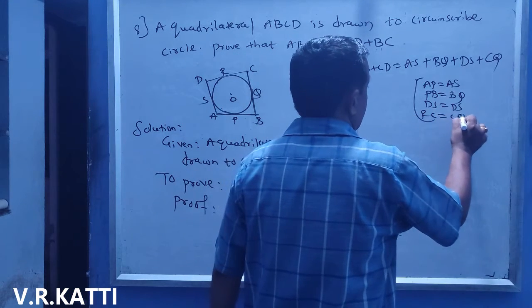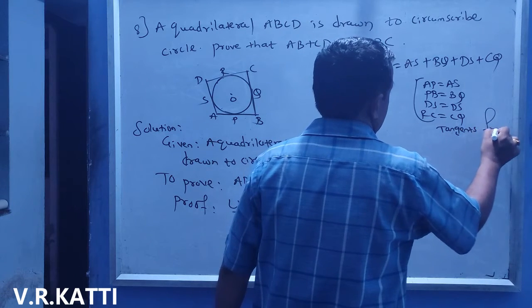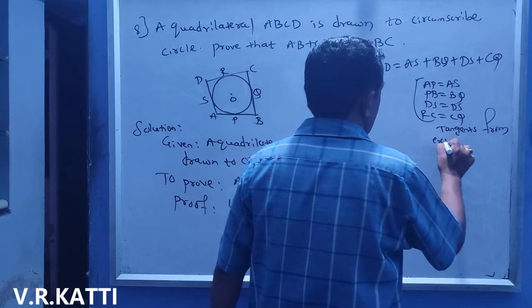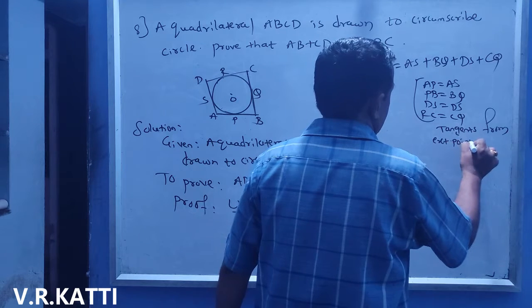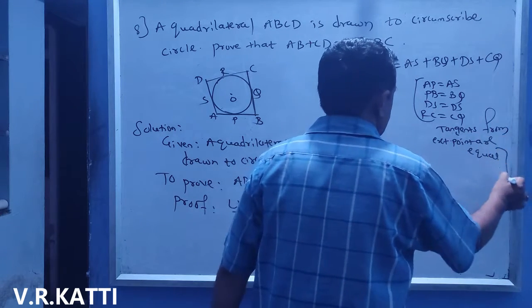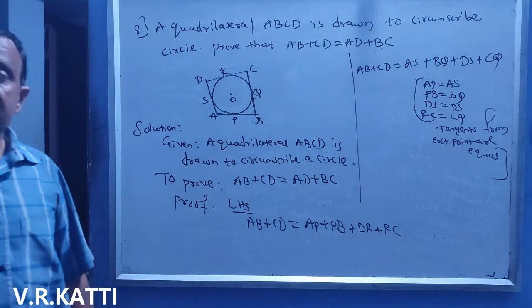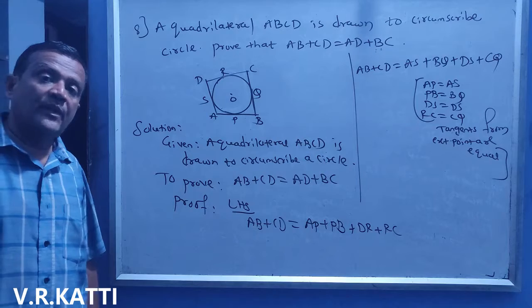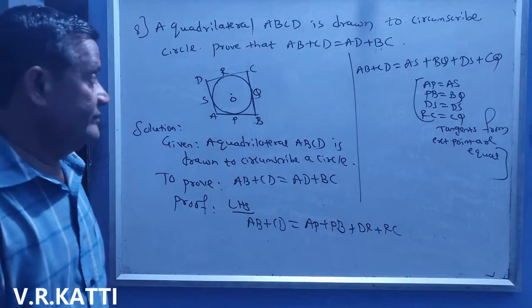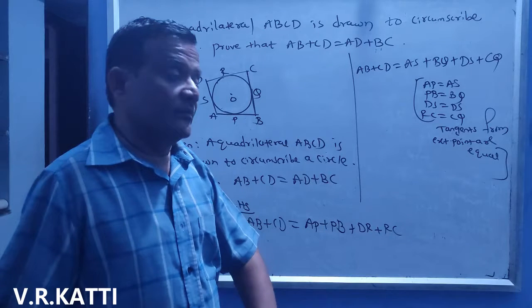So the reason: tangents from an external point are equal. Reason bracket complete. Now, rearranging the terms, LHS AB plus CD as it is.